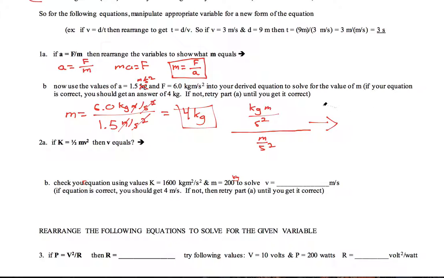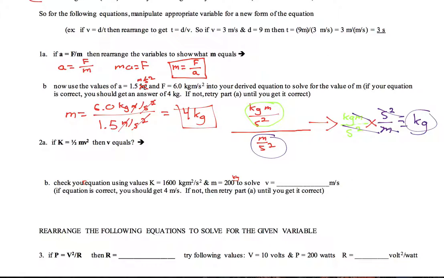So what we can do here is keep our top thing, kilogram meters over second squared, change the sign of our middle thing from division to multiplication, and flip our bottom thing, meaning put second squared on top, meters on bottom. So second squared over meters. Now I can see very clearly the meters cancel, the second squared cancel, and all I'm left with is kilograms, which is what I want.